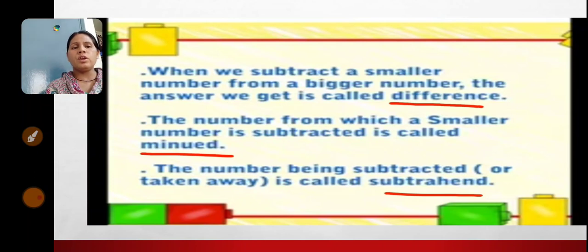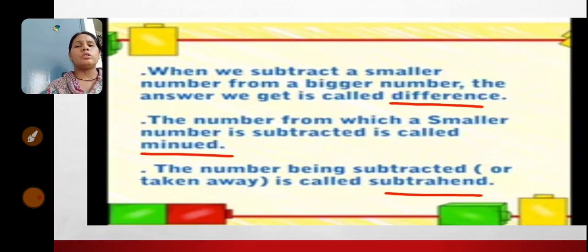It means 3 is the subtrahend. After subtracting both these numbers, I get the answer 2, and the answer which we get after subtracting both numbers is called difference.